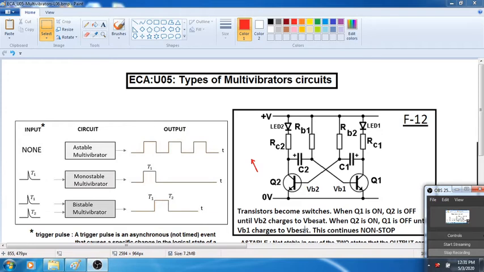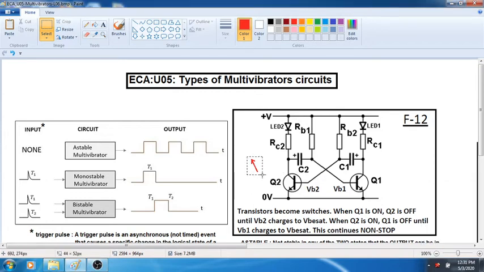So it is important for you to understand the working of each of these multivibrators, and you should also be able to recognize these multivibrators whenever you find them in some system. So these things will come later, but let us first quickly start on understanding what are these different types of multivibrators.